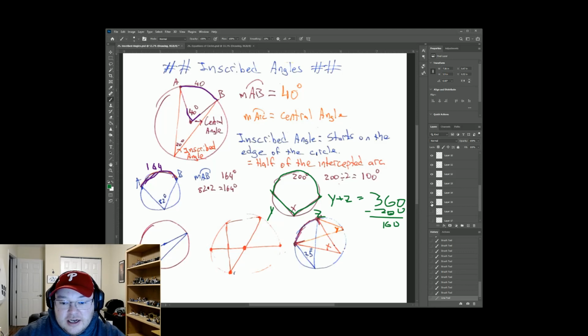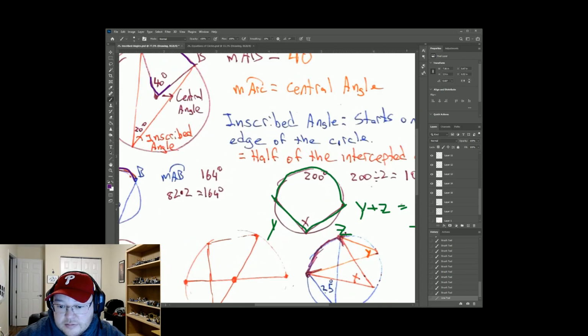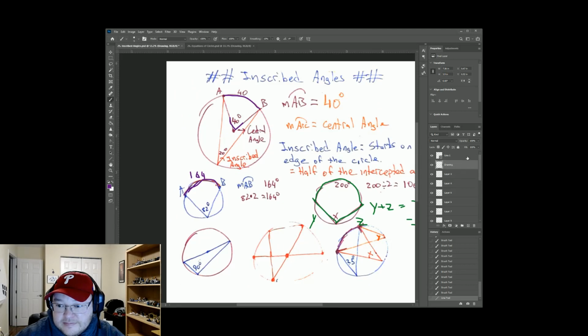Another type of question you can get is, this is 25 degrees. So from here to here, 25 degrees, and it intercepts this arc.